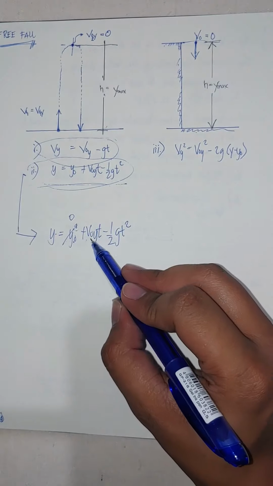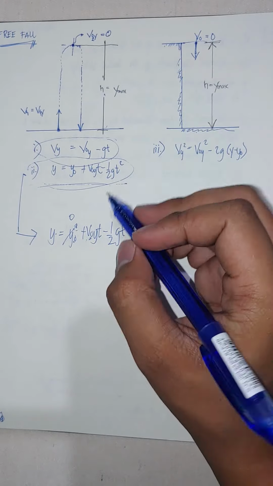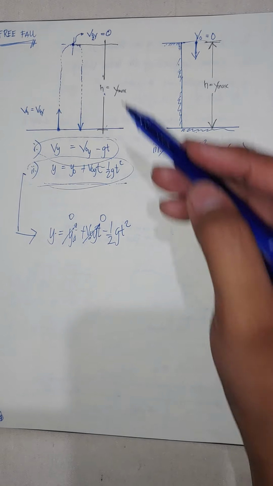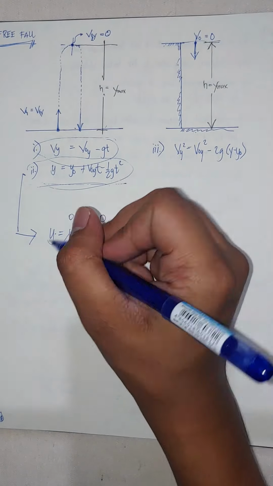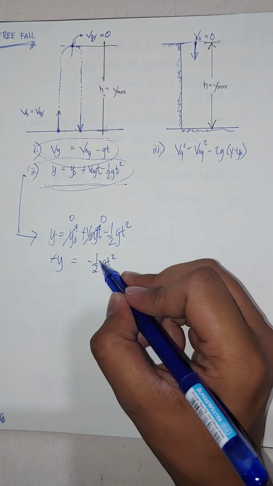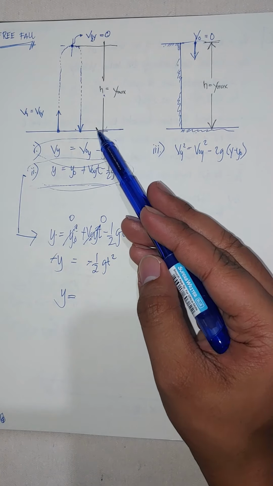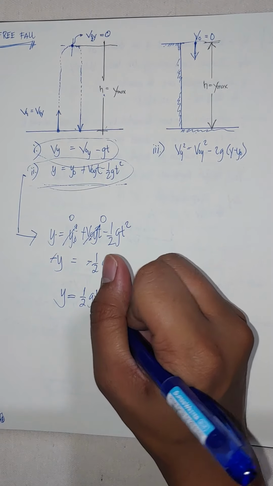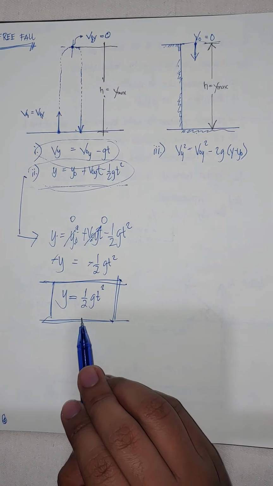The y component of the velocity at the starting position is 0, so 0 times time becomes 0. Since this is the origin and this is downward, y is just negative y. So negative y is equal to negative 1 half gt squared. The negatives cancel. So our y or maximum height for a free fall scenario is just equal to 1 half gt squared. This is our height max.